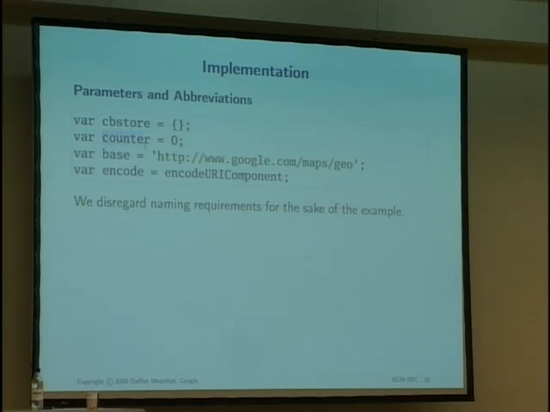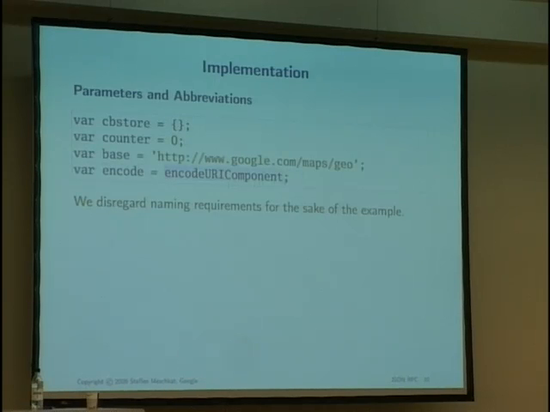Obviously, you don't want to have a global variable in the first place at all, and particularly not a global variable that is called counter. But this is a counter that we will use eventually, and we have this object, a JavaScript object literal called cbStore, which stores the callback functions for our service requests.